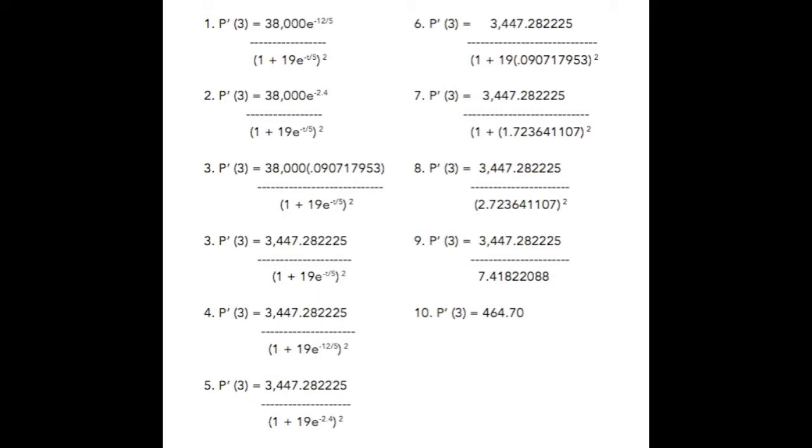So it will be e to the power of negative 2.4, giving you as a result of the exponent 0.09071793. All of that you multiply by 19, which gives you 1.7236411107, and then you add 1, which should be 2.7236411107. When you have that answer, you square it, which should be 7.41822088. And all of that will be your denominator.